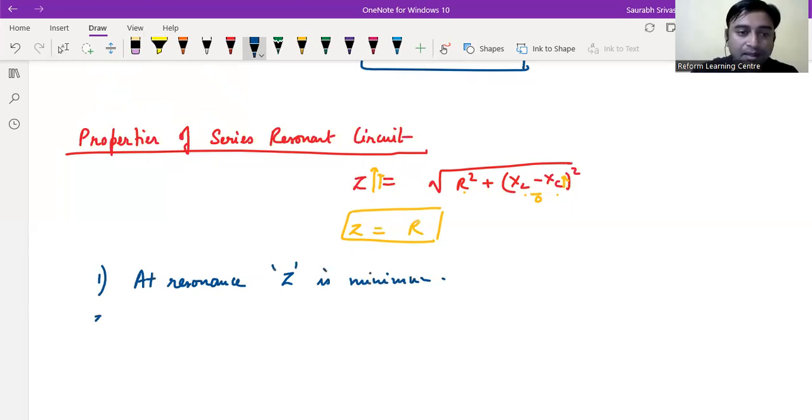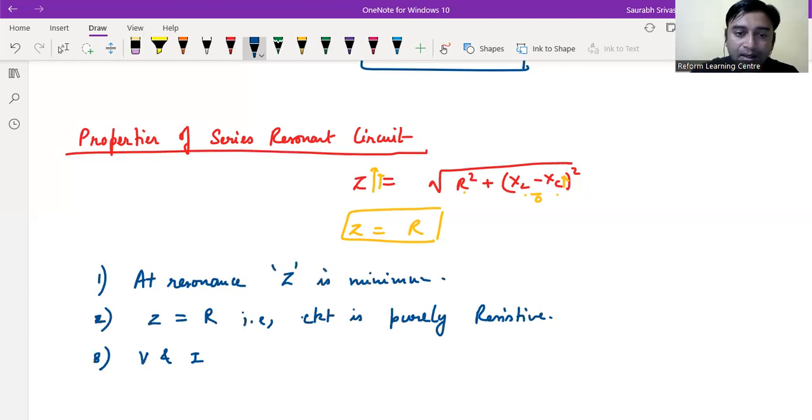That means impedance Z is equal to R. That is, circuit is purely resistive. अगर सर्किट प्योरली रेजिस्टिव है, then V and I are in same phase and power factor, that is cos phi, will be 1.